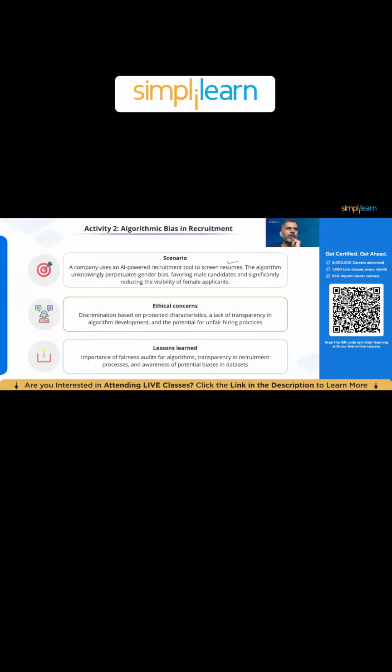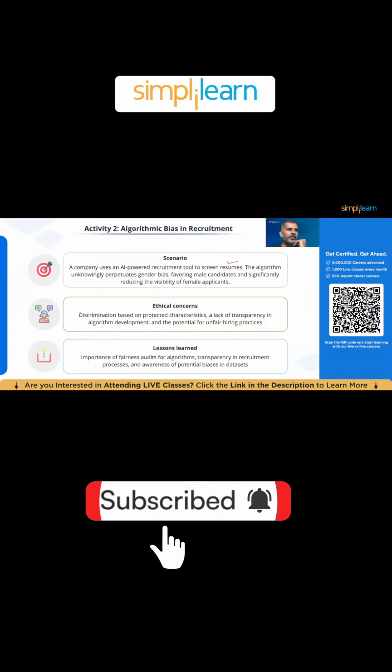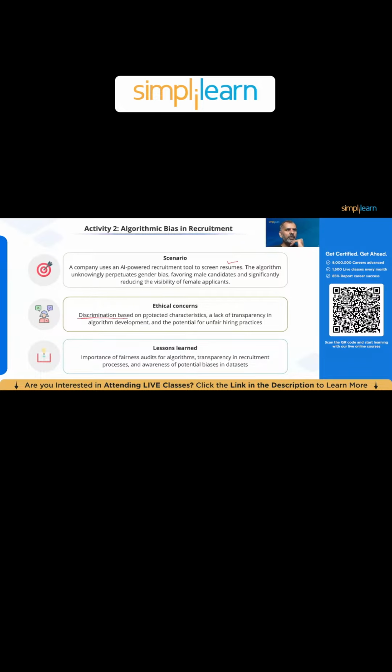And if the algorithm unknowingly favors the male candidates, it introduces an ethical concern in terms of discrimination based on protected characteristics. There is a lack of transparency in algorithm development and potential for unfair hiring practices. That has become your ethical concern here. Because if your model has a bias towards male candidates, female candidates automatically get rejected. So it is an unfair hiring practice.